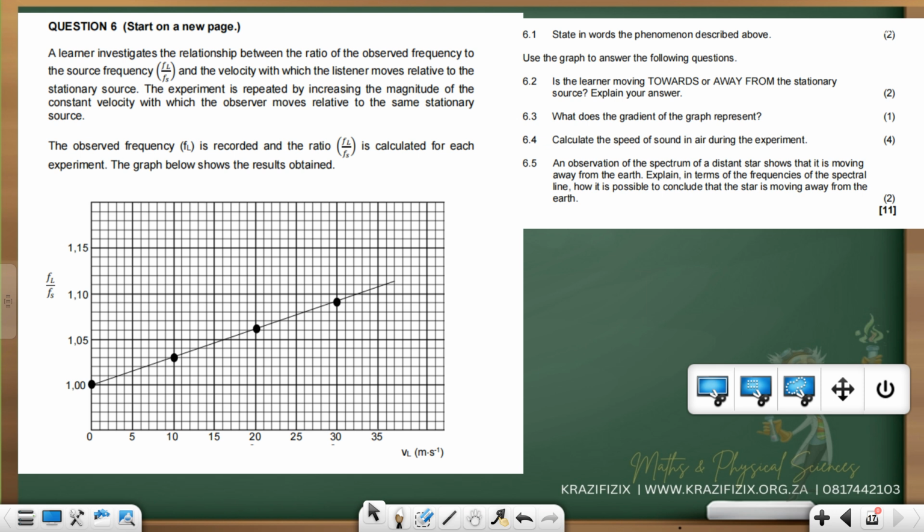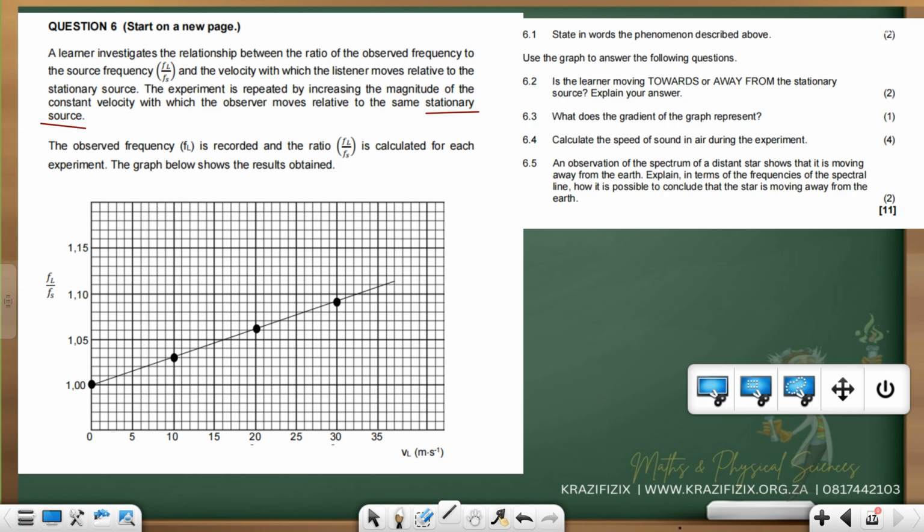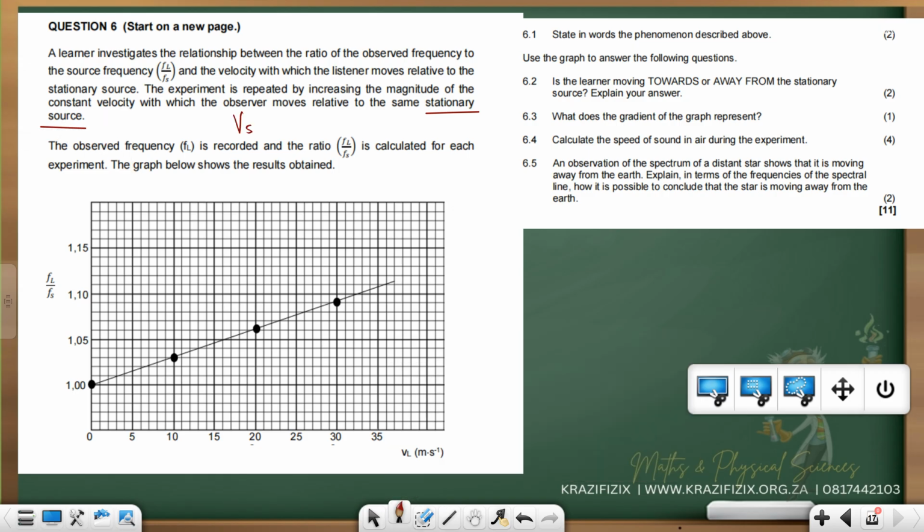Please take note, always look for that: my source is stationary. Let's write it out so that it becomes very visible. The observed frequency FL is recorded, and the ratio is calculated. I showed you how they got FL over FS: they divided both sides by FS. Now the graph.